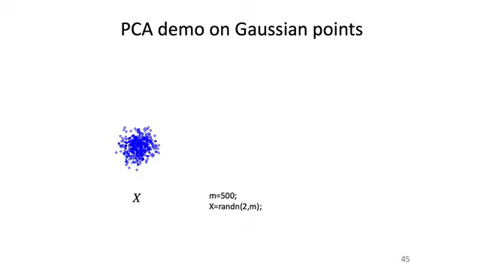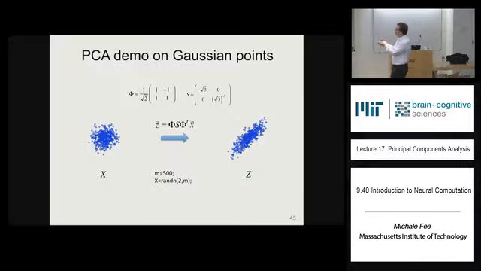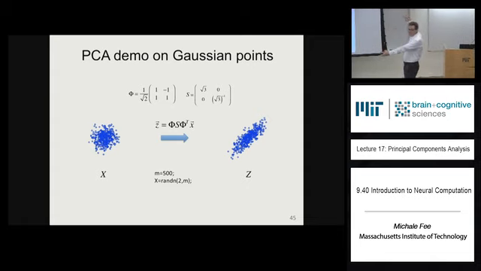Let me first demonstrate PCA on some simple 2D data. Here's a cloud of points given by a Gaussian distribution. Those are a bunch of vectors x. We can transform those vectors x using phi s, phi transpose to produce a cloud of points with a Gaussian distribution rotated at 45 degrees and stretched by 1.7-ish along one axis and compressed by that amount along another axis.